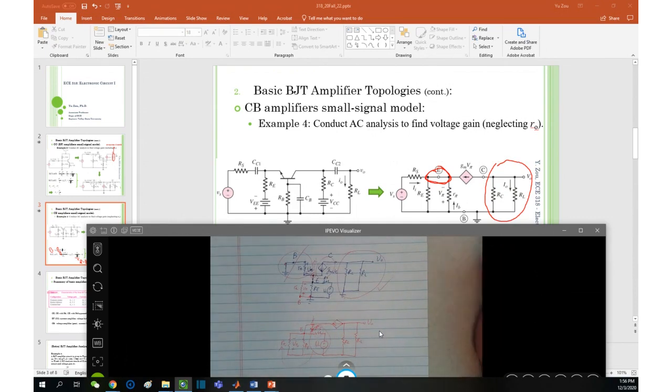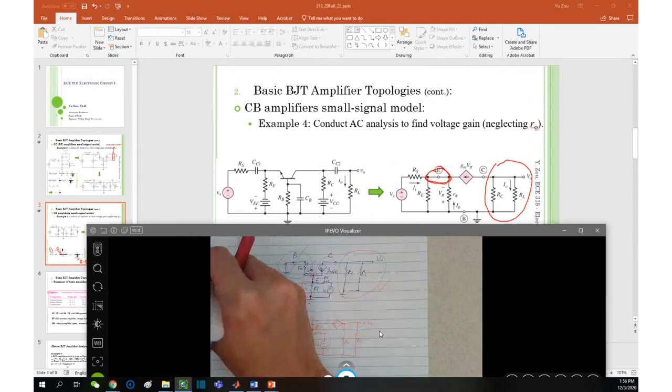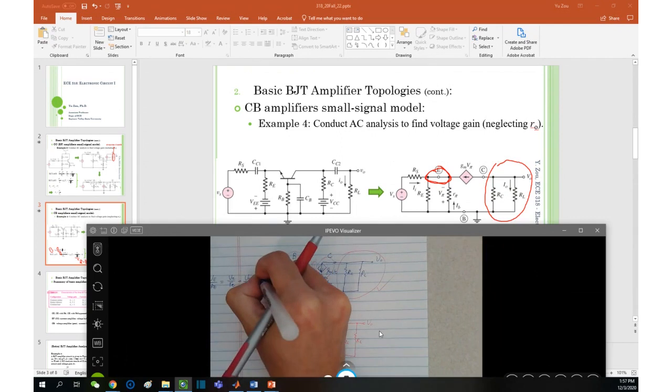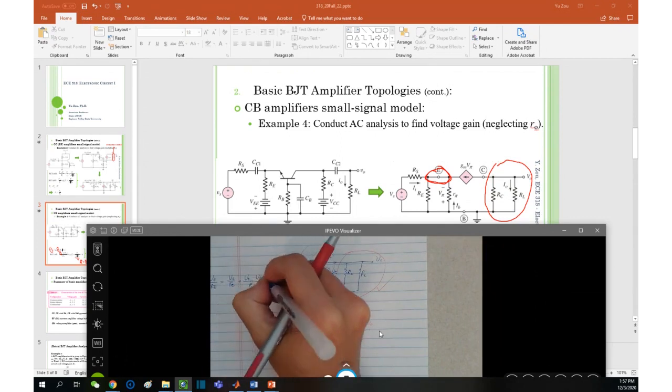My KCL is just a little different than yours because I didn't simplify it as much, because I could have put R pi and RE in parallel. So I have VE over RE is equal to V pi over R pi plus VS minus VE over RS plus GM times V pi.